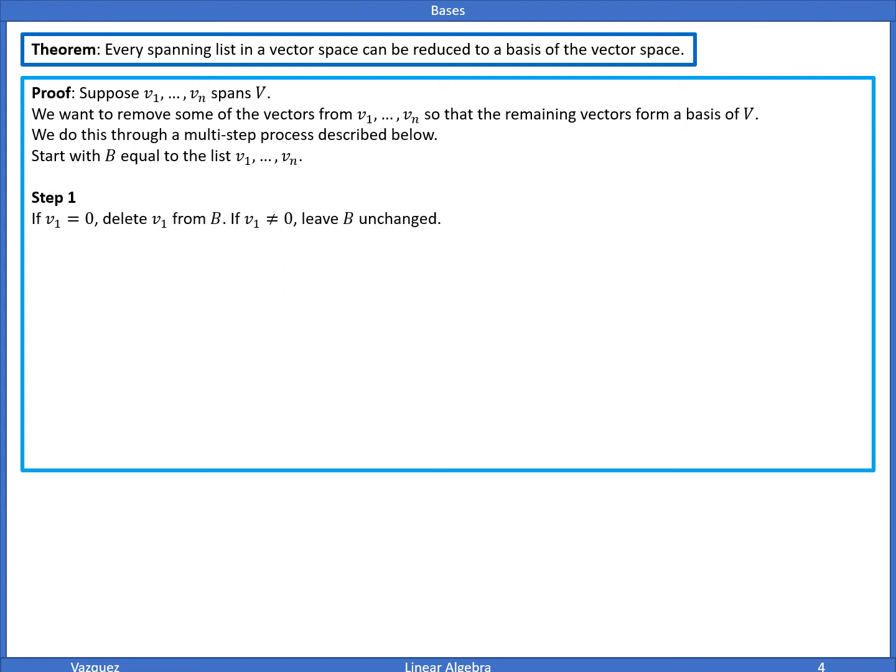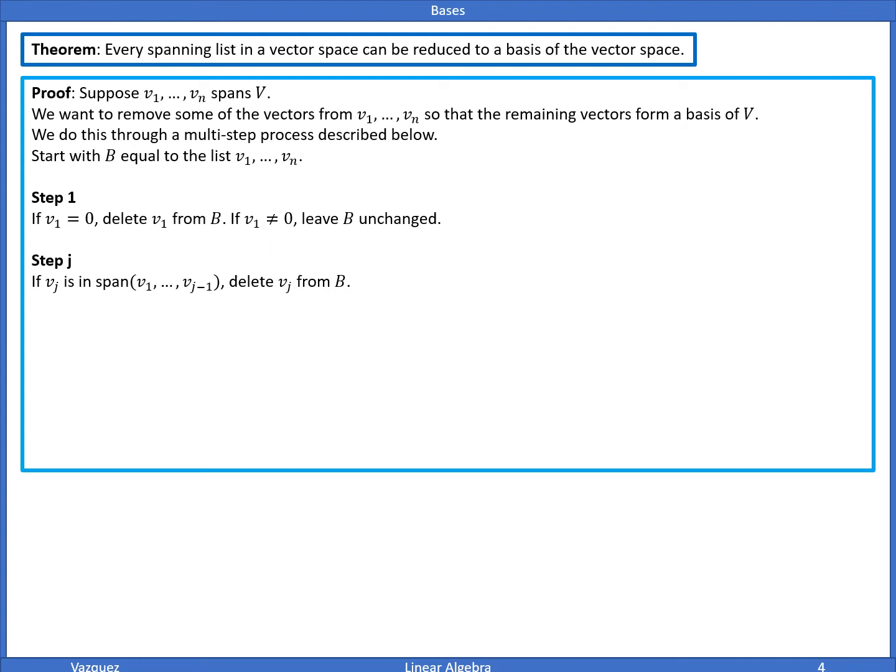So step one, if V1 is equal to 0, well then we're going to take that vector out of the list, out of B. But if V1 is not 0, well then just leave B unchanged. Don't do anything. So now, what's step j?